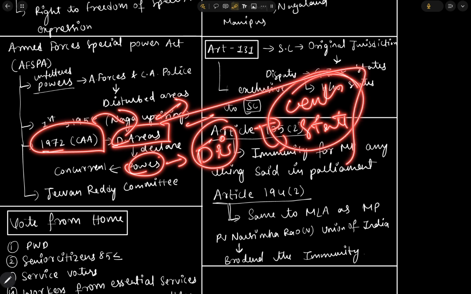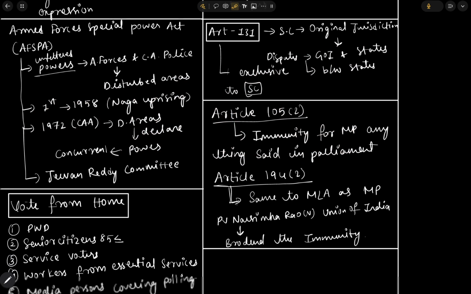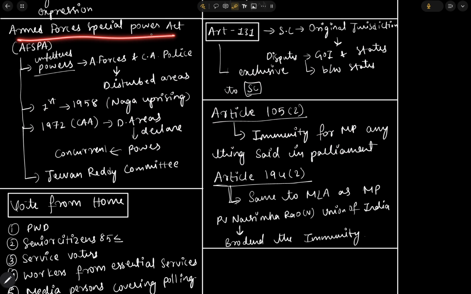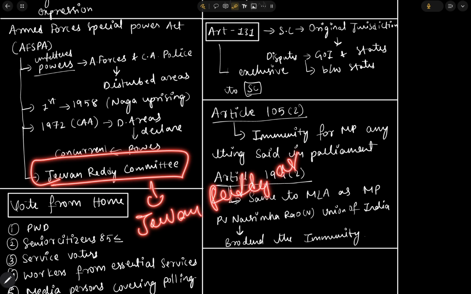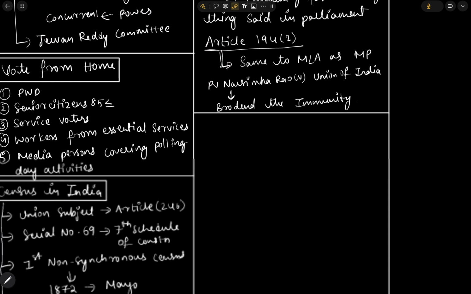This was amended in the year 1972. Also, the Armed Forces Special Powers Act was recommended by the Jeevan Reddy committee. These things were already asked in our examination, so we need to remember them.